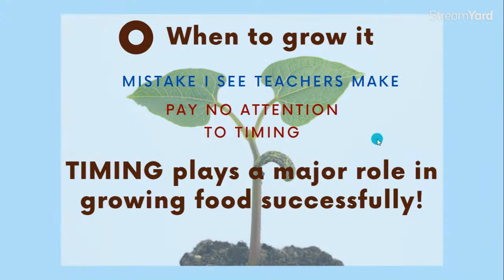Another way you want to time this right is according to your school schedule. This is a classroom garden. You are going to be closed at the end of spring, in the beginning of summer. You're going to be going away, bye bye. So it's not like you can count much on summertime for your plants. So you do want to time them right.